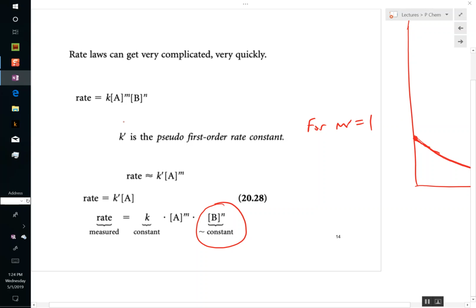And so you get a rate constant here that is not the first order rate constant. It is the pseudo first order. So K prime does not equal K. It is a pseudo first order rate constant. So it would only apply in a case where the B concentration was very high.